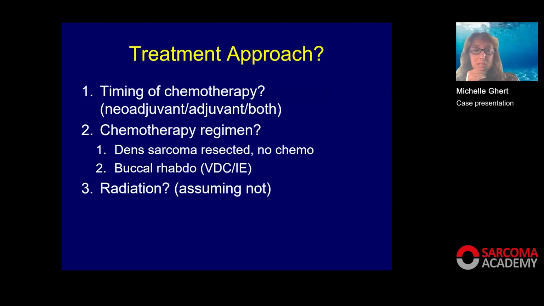You can start with chemo, pre or post, or both. And what regimen would you use? He's had 2 previous sarcomas, but he has not had standard osteosarcoma chemo prior, but he did have a buccal rhabdo treated with VDC/IE. And are you considering radiation?